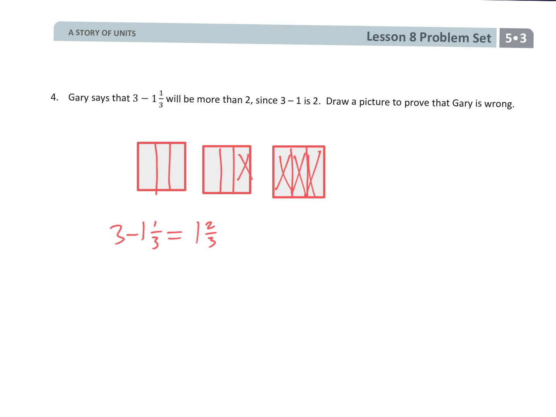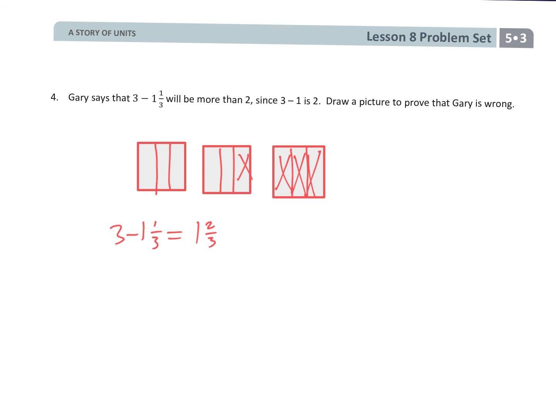So here I showed a picture model. I drew 3. So remember, same thing up here. We do 3 is really 9/3. Okay, so every 3 is going to be one whole by itself. So I've got 1/3, 2/3, 3/3, 4/3, 5/3, 6/3, 7/3, 8/3, and 9/3.